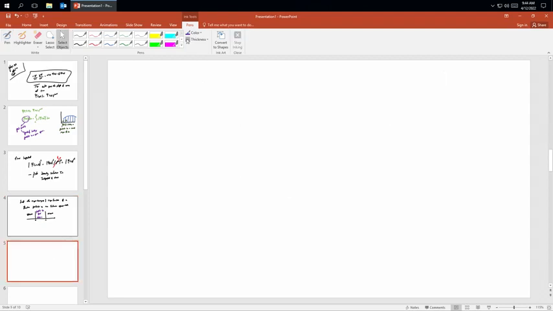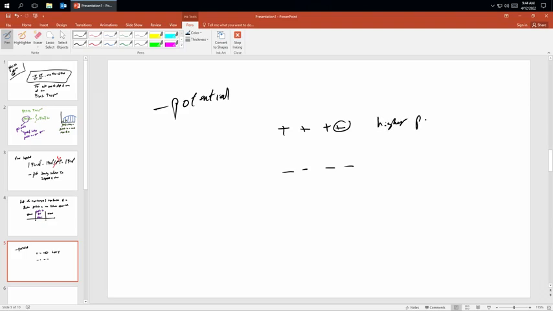Think of it as a potential, right? Actually, I don't like this. Let me just write it. Potential. So if you have a bunch of charges, those charges go from the higher potential to lower potential.